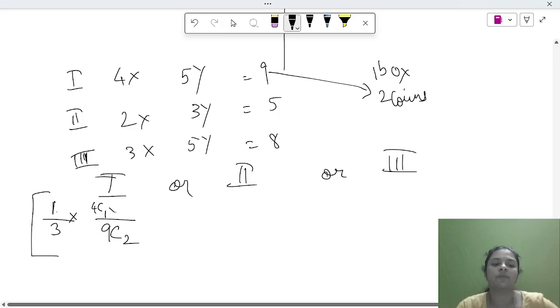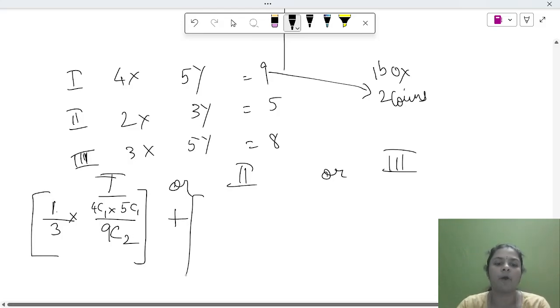So 4c1 and 5c1. So this is the probability in the first box. So 1 by 3 represents the probability of selecting a box, and 4C1 into 5C1 by 9C2 represents selecting the coins. Two activities are done here, therefore two probabilities are multiplied. Understood?